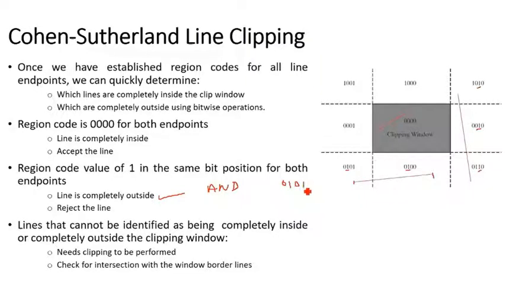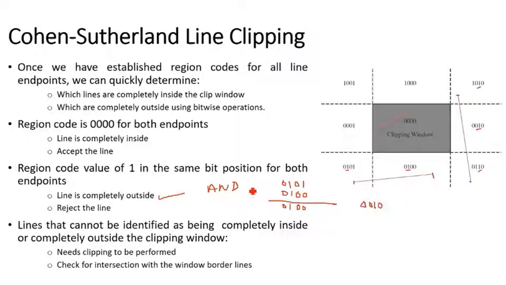The outcode of this point is 0, 1, 0, 0. The AND of this will give me 0, 1, 0, 0. Similarly, take the outcodes of this line's endpoints and apply AND to them. The result of the AND operation between the outcodes of those two endpoints will give me 0, 0, 1, 0.